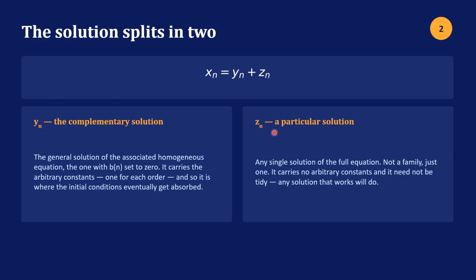And then we find a particular solution when we put b of n back in. Now, it needs not to be a multiple of the complementary solution. That's where you can run into a problem, and I'll explain that as we go through the example.